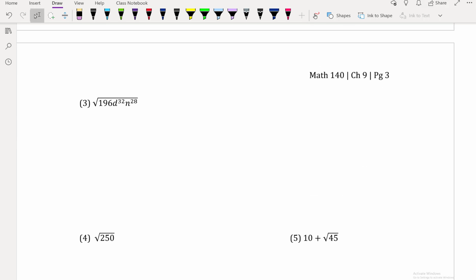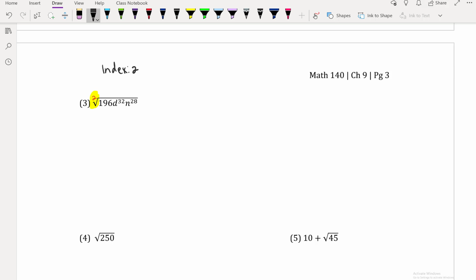So I'm going to try to do the exact same thing for number 3. So I'm going to rewrite it, and remember our index is always a little number, and if it doesn't have a little number, it defaults to be a 2. So I know that I have an index of 2.